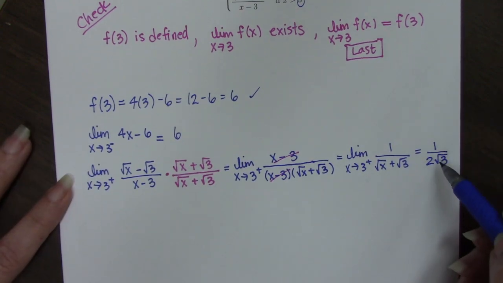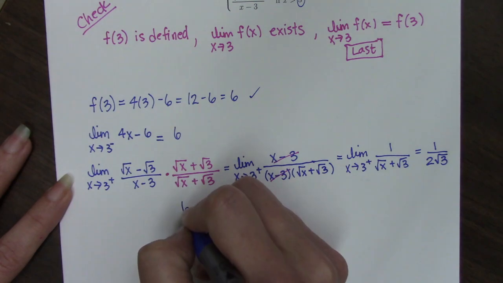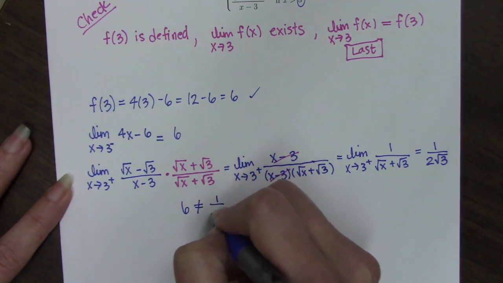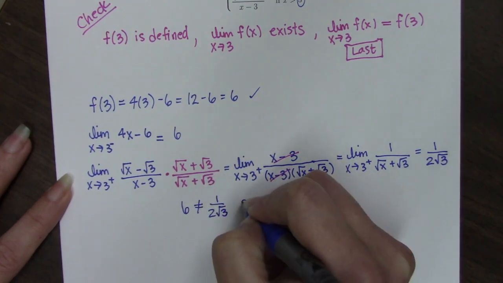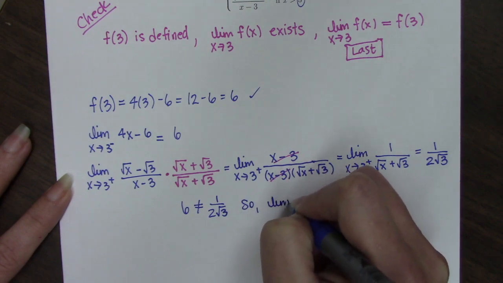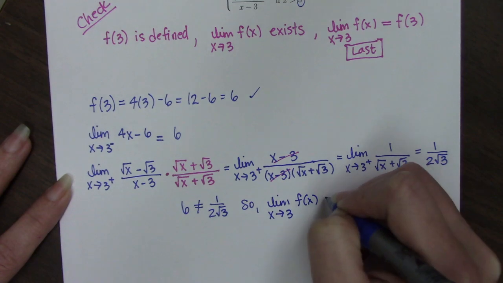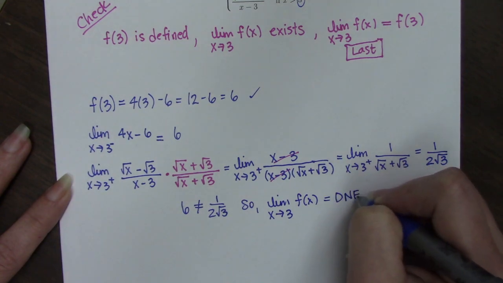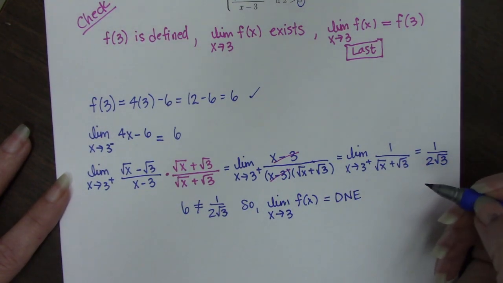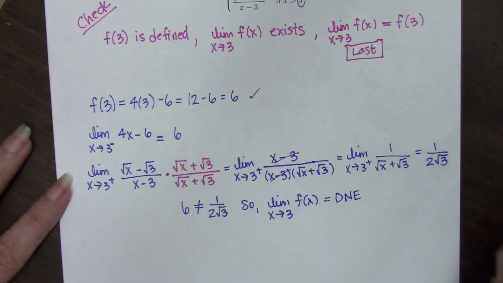Well, 1 over 2 root 3 is not equal to 6. So the limit as x approaches 3 of f of x does not exist. So it actually fails the second checkpoint.